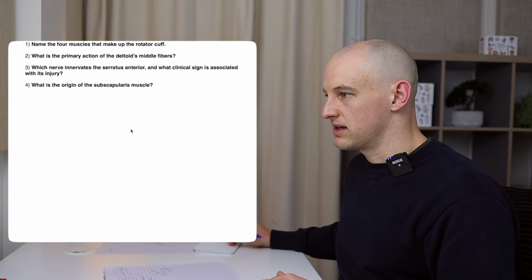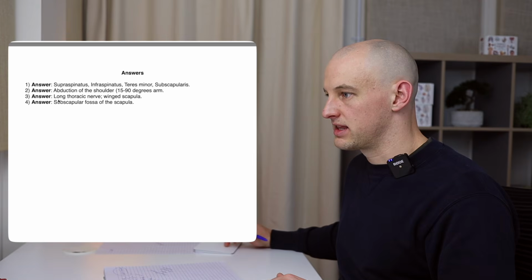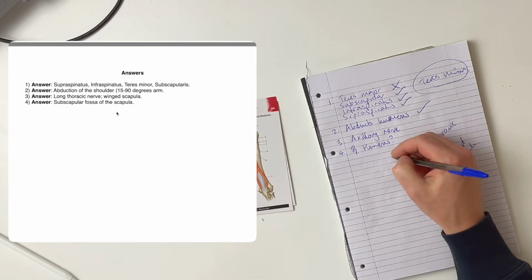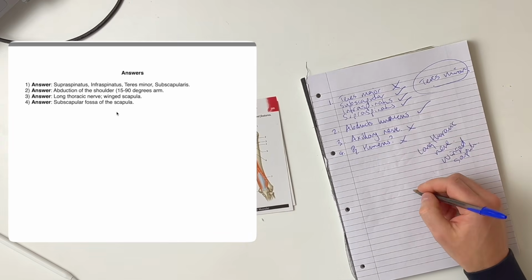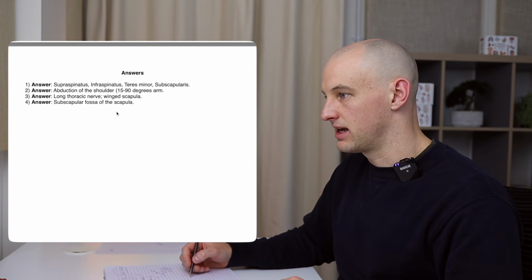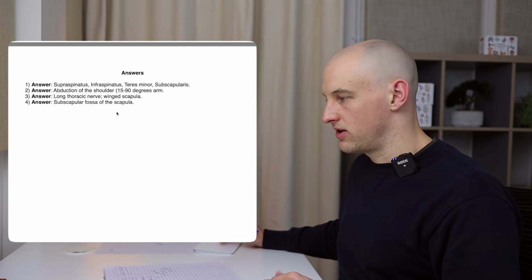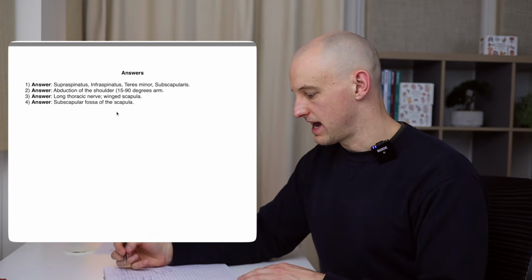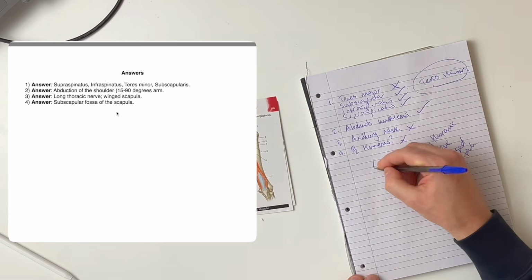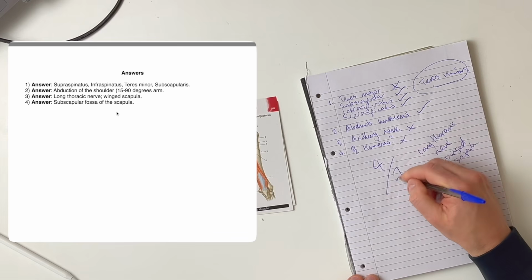What is the origin of the subscapularis muscle? The subscapular fossa. Okay, so that's wrong. Subscapular fossa is where the subscapularis comes from. Okay, so now we can add up our scores. 1, 2, 3, 4 out of 7 possible.